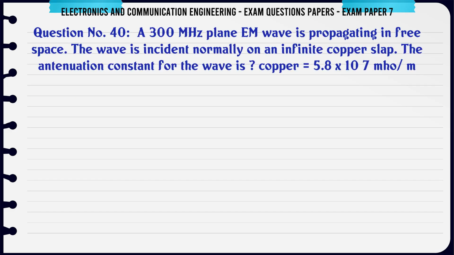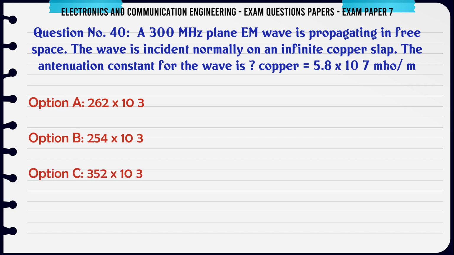A 300 MHz plane EM wave is propagating in free space. The wave is incident normally on an infinite copper slab. The attenuation constant for the wave in copper, with σ = 5.8 × 10⁷ mho, is: A, 262 × 10⁵; B, 254 × 10⁵; C, 352 × 10⁵; D, 354 × 10⁵.